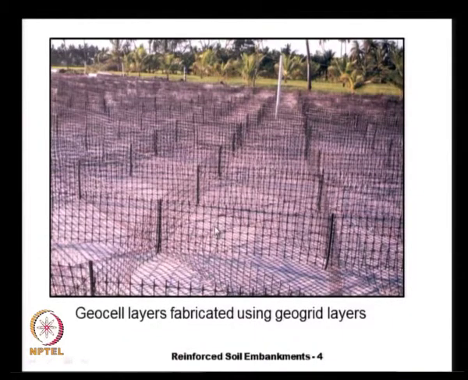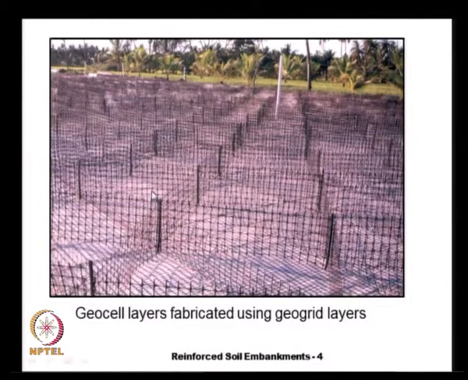The rib width seems to be the same in both directions, and the aperture opening is also the same. Here we have the geogrids that are cut to required height and assembled at the site, and at the bottom we have a geogrid layer.